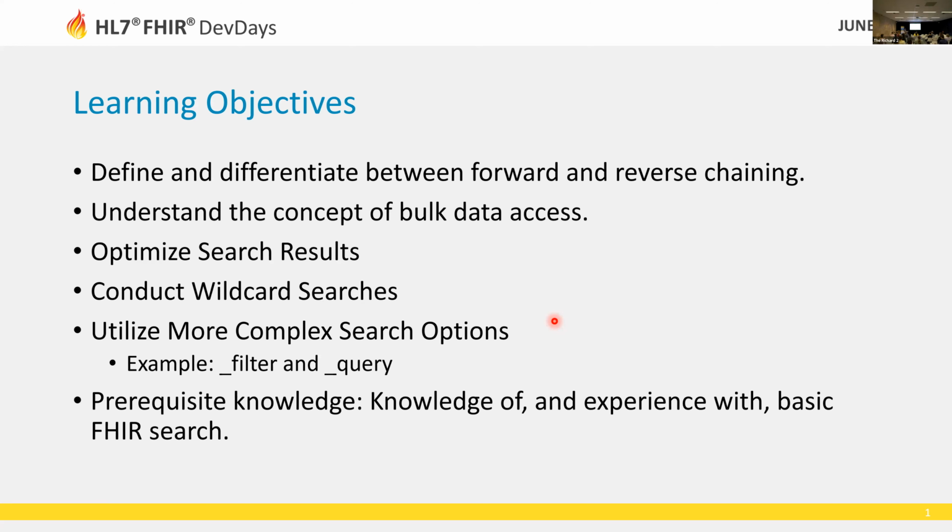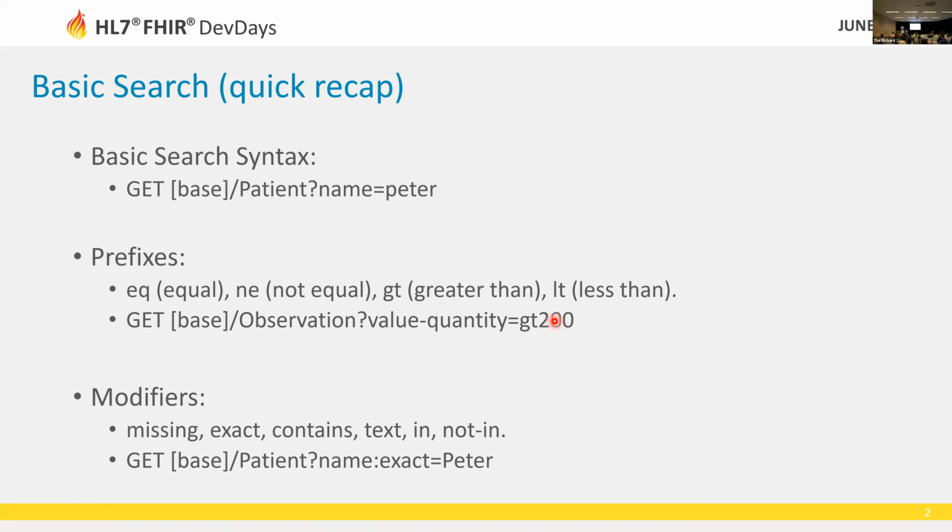Even if it's not in the form of database tables, it can be some sort of web UI, and you're extracting data which is hitting some sort of repository on the back end, right? So those of you who have not dealt with FHIR search before, don't worry, I will still do a quick recap of basic searching. So this is how the basic search syntax of FHIR looks.